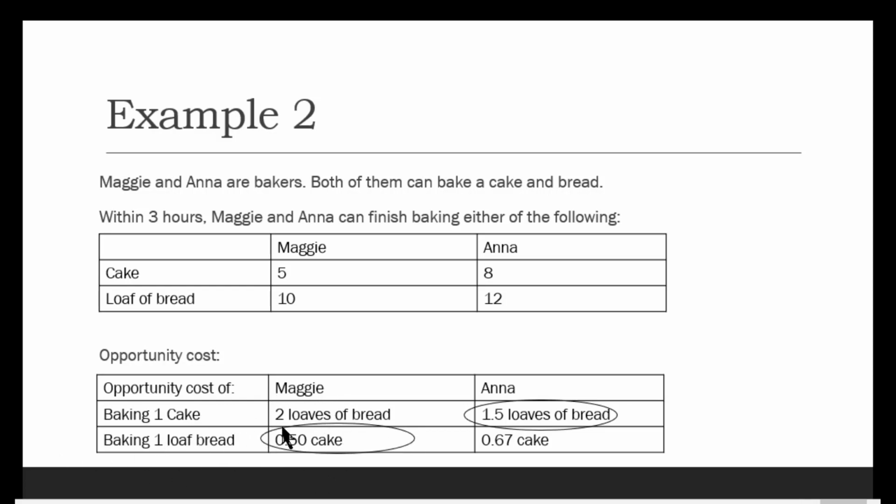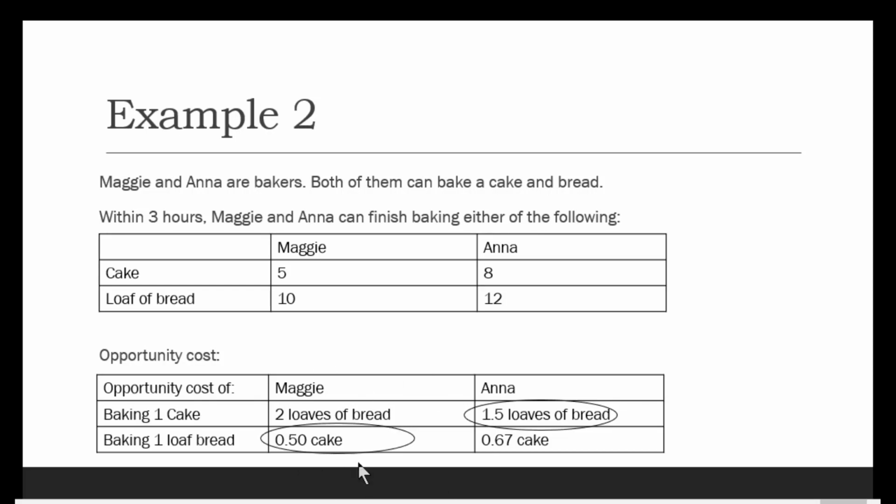It is Maggie, who will have a 0.50, or half a cake opportunity cost. So therefore, Maggie has a comparative advantage in baking a loaf of bread. Okay? So therefore, Maggie should focus on baking bread. So that is how you're going to compare companies, or compare economies in terms of the comparative advantage.